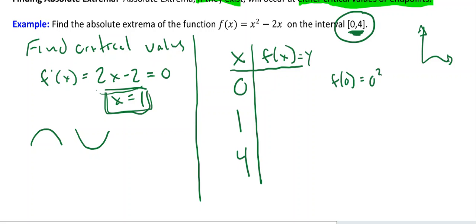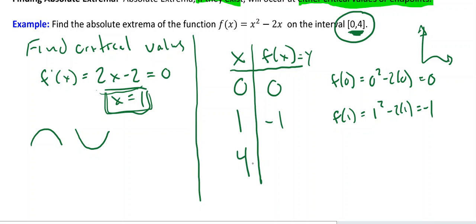So this gives us the point (0, 0). When x is equal to 1, we're finding the function value of 1. So we have 1 squared minus 2 times 1, which is negative 1. And when x is equal to 4, f of 4 is equal to 4 squared minus 2 times 4, which is 16 minus 8, which is 8.